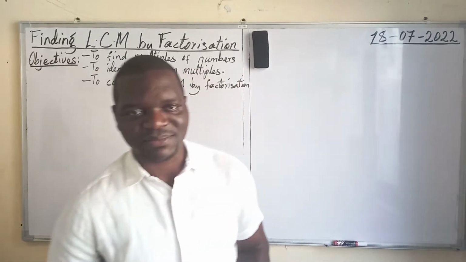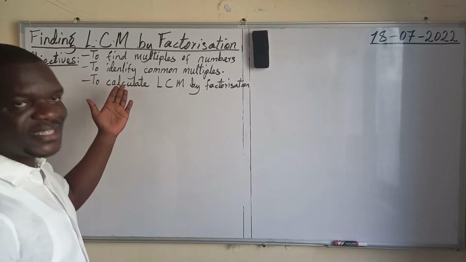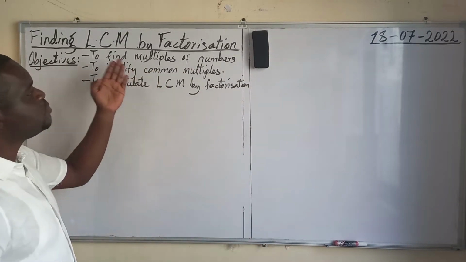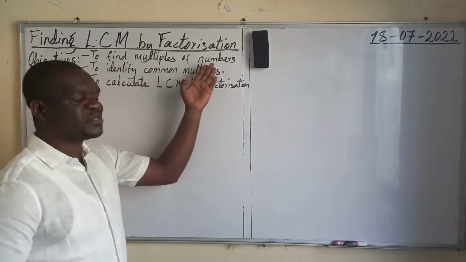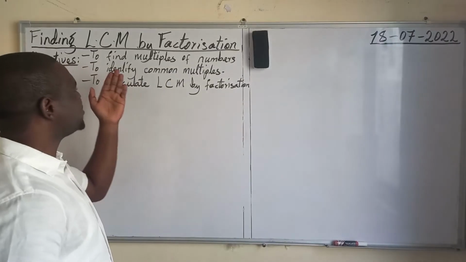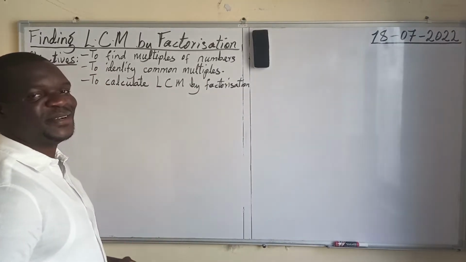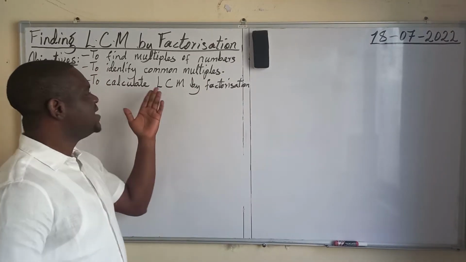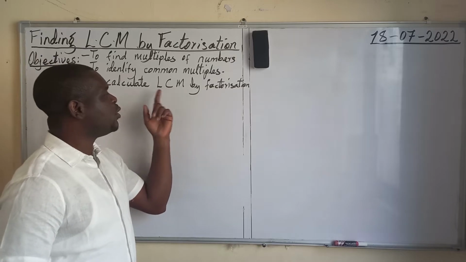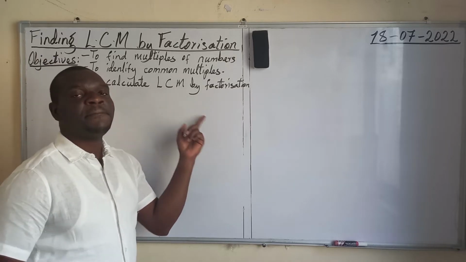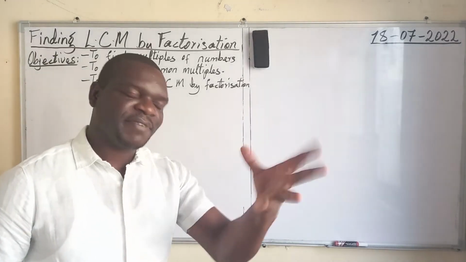Without waste of time, as it's stated here, our focus will be to be able to identify multiples of numbers, to be able to identify common multiples, and of course, to calculate the lowest common multiple or the least common multiple by means of prime factorization.